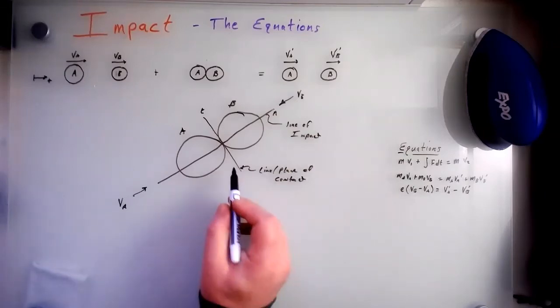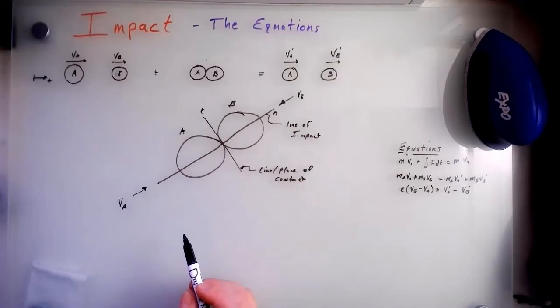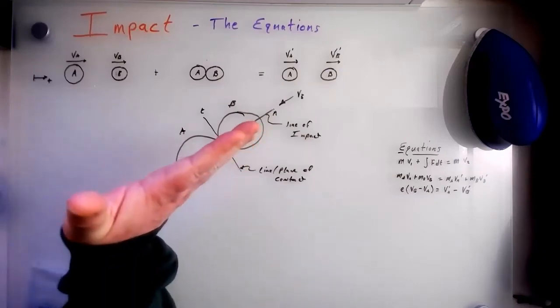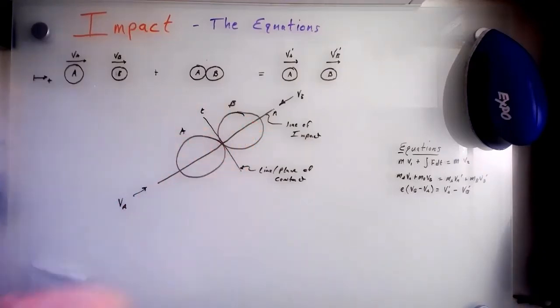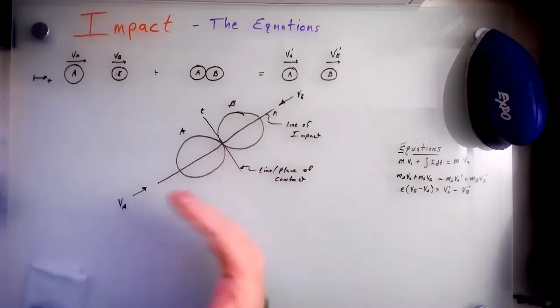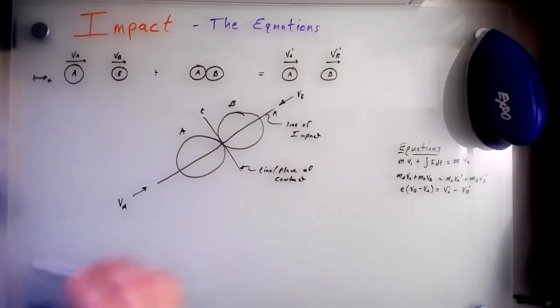I always call this guy the tangent line, which makes the most sense. In the game of pool, there's the targeting line and the contact line. As long as we're clear on what these mean when we're analyzing it, it doesn't matter what we call it, but that's what they're called.